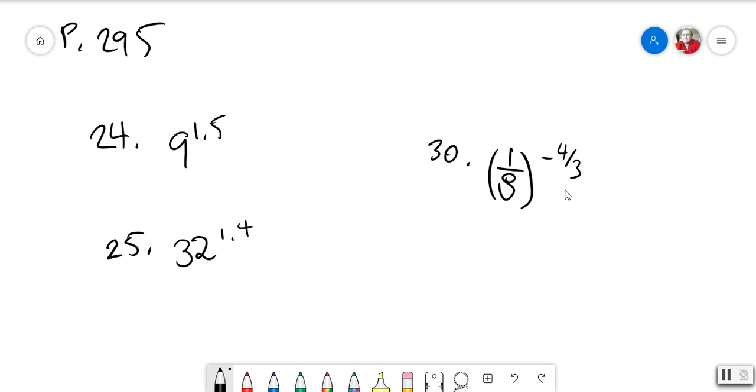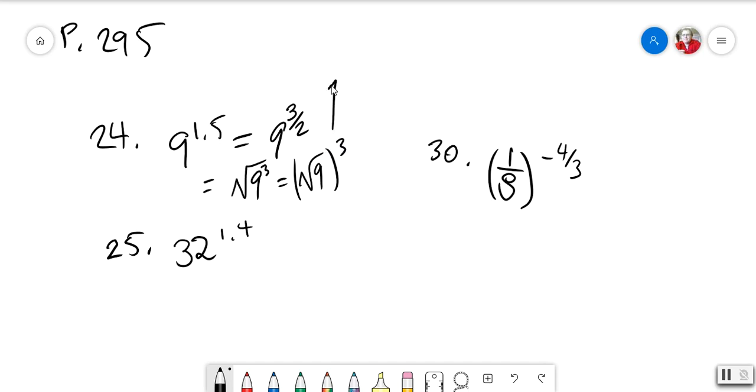Okay. 1.5 is 1.5, or as a fraction, 3/2, which means the square root of 9 cubed. Like we said earlier, in a case like that, you can take the cube outside. So you've got the square root of 9, which is 3, cubed, and that is 27. 3 times 3 times 3. Easy.